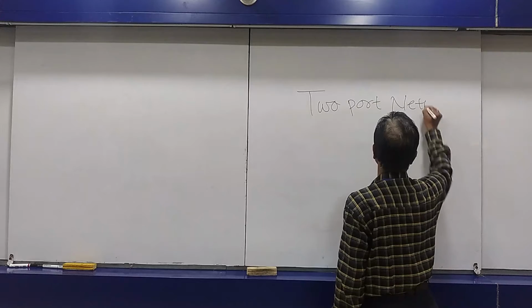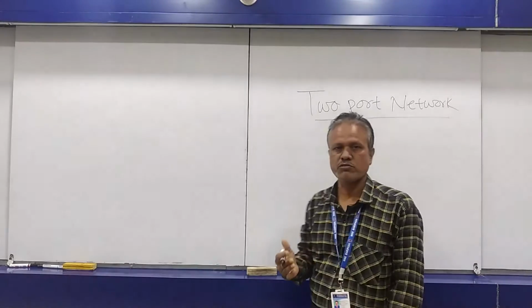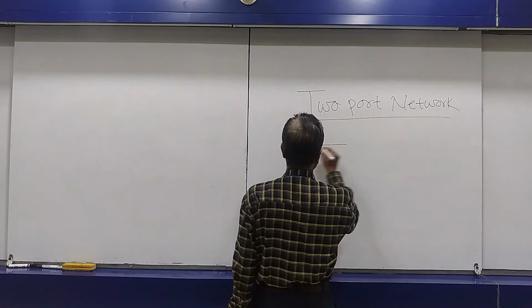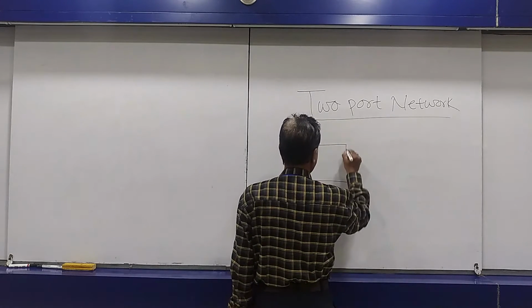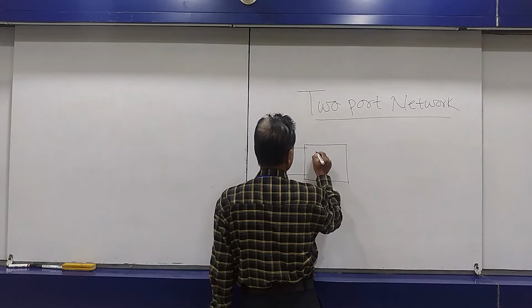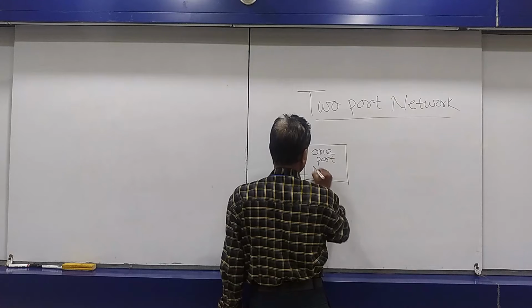Two-port network. So first of all, let us know what is a port. I am drawing here the diagram of a single port network, that is, a one port network.